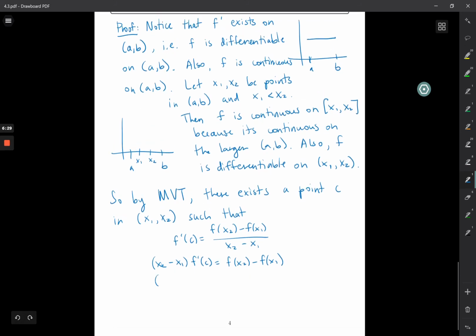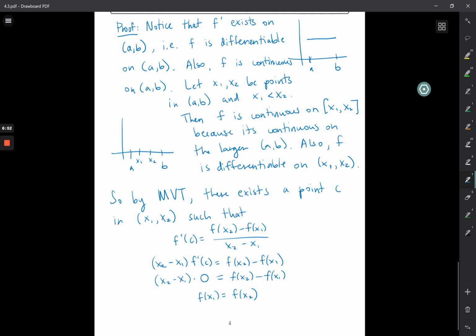So we get x2 minus x1 times 0 equals this other side, which means the left-hand side is equal to 0, and I can pull f of x1 to the other side, and I get that f of x1 is equal to f of x2.